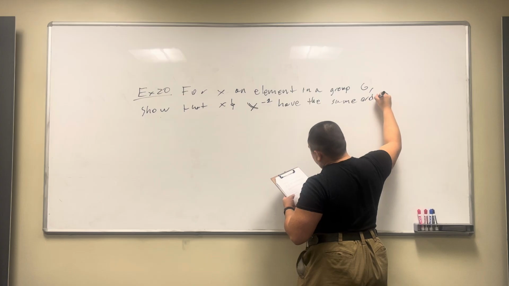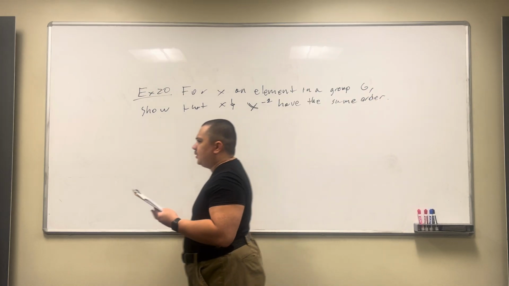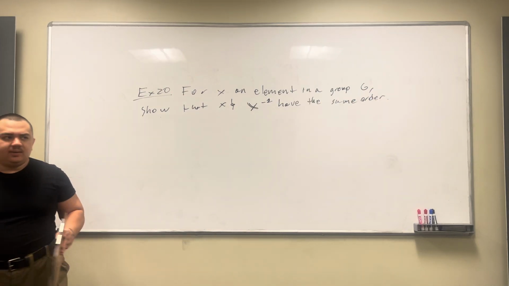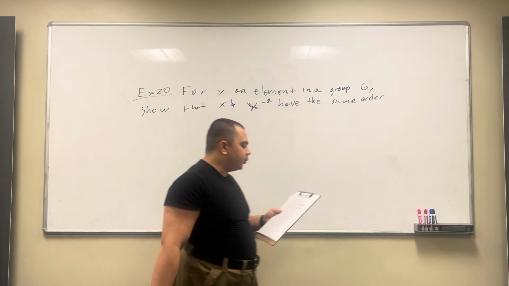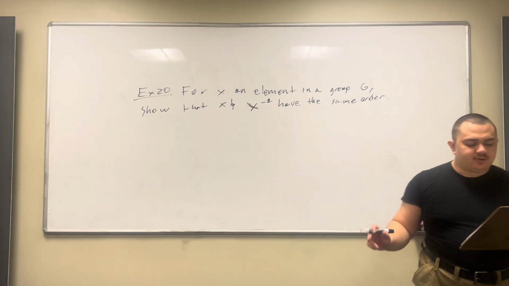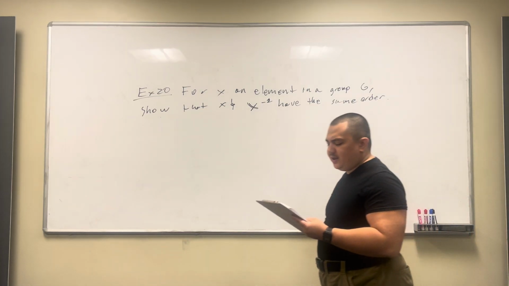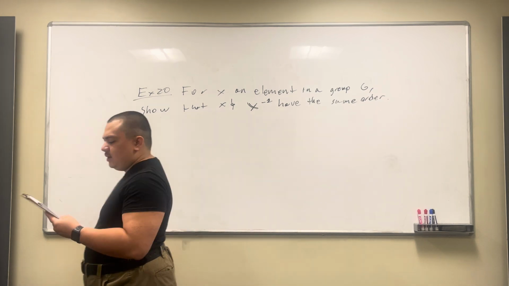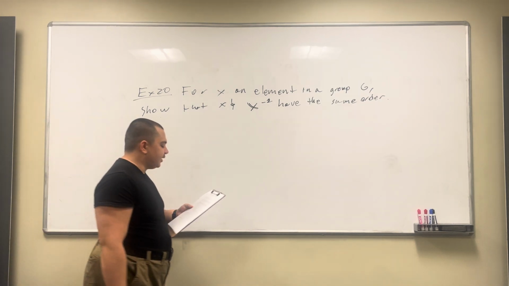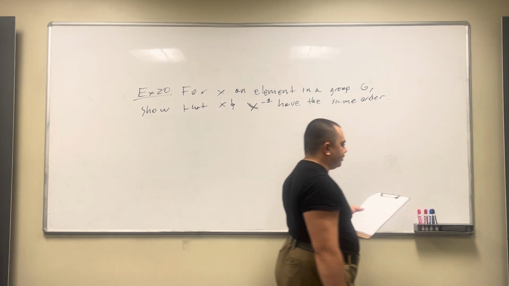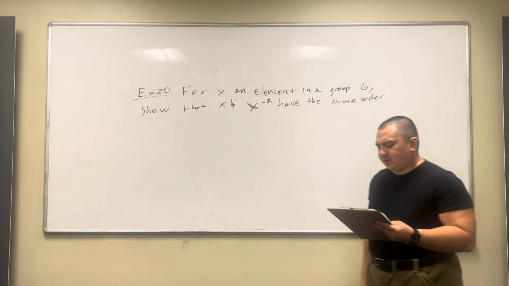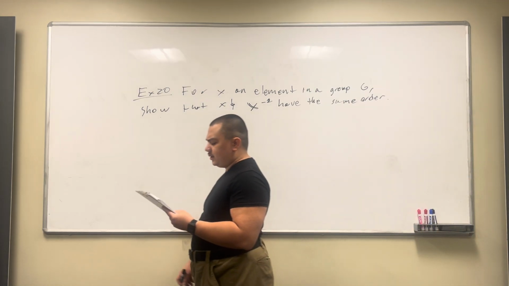So intuitively, order n means x to the n is equal to 1. Inverting both sides preserves equality and turns x to the n into (x to the negative 1) to the power n. So the same n works for x to the power of negative 1.